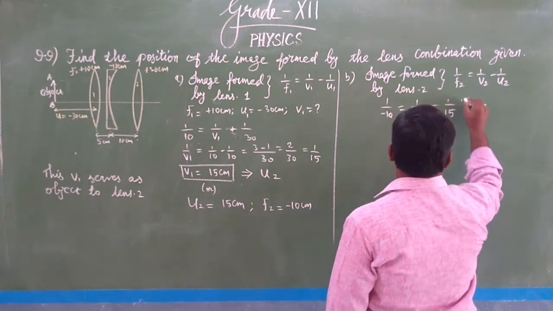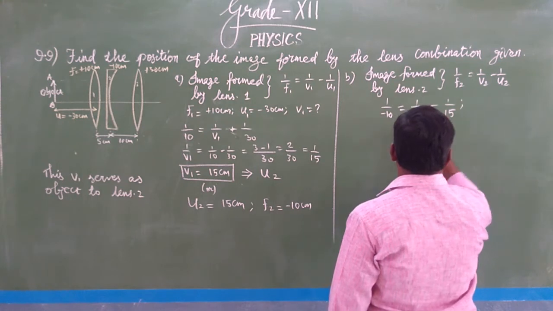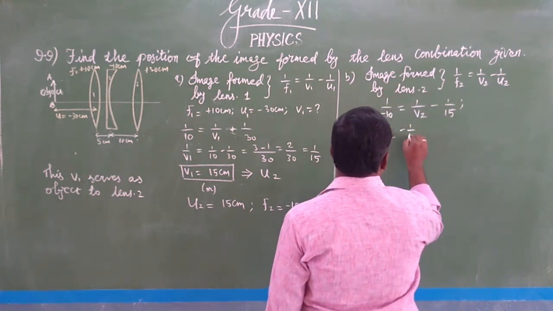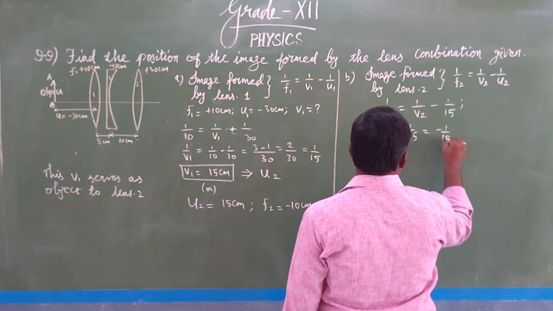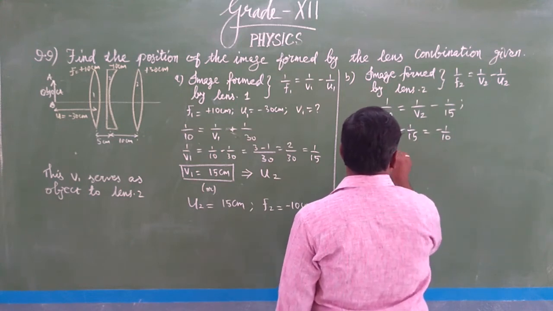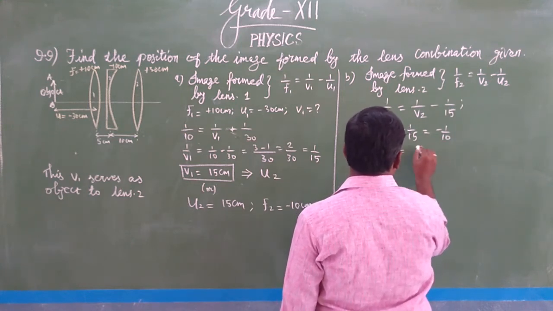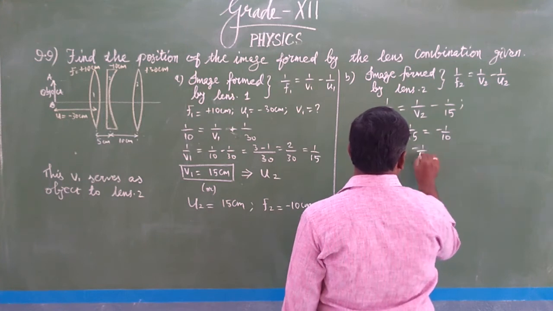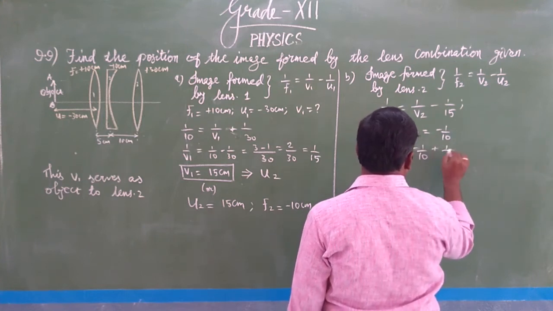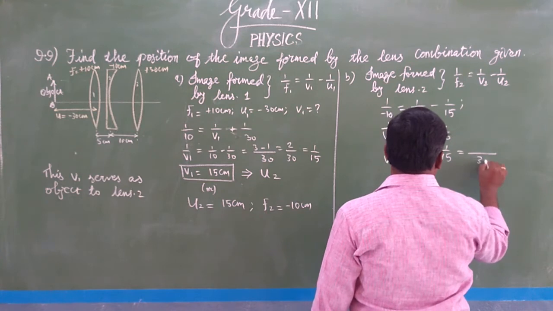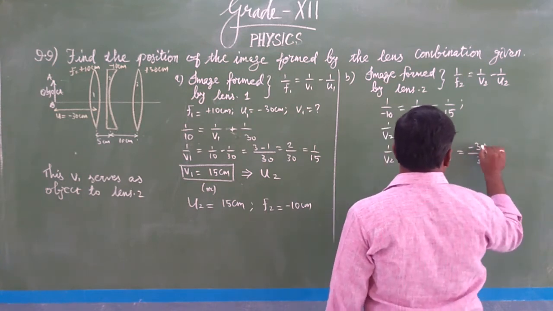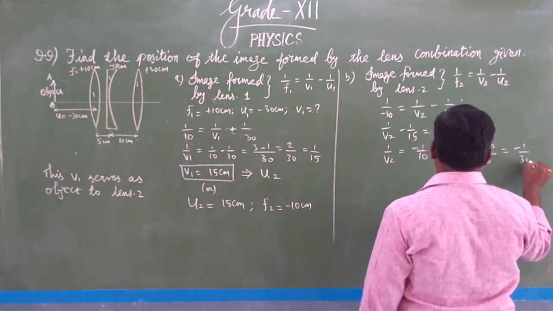So 1 by v2 minus 1 by 15 is equal to minus 1 by 10, and 1 by v2 is equal to minus 1 by 10 plus 1 by 15. LCM is 30, so minus 3 plus 2 is equal to minus 1 by 30.